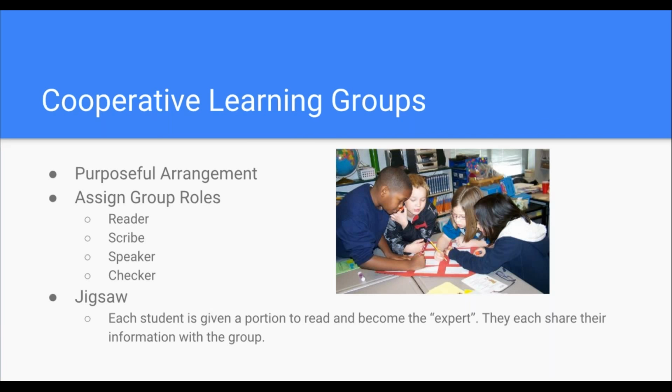And you want the reader to model what a reading should be sounding like, especially from their age level. And then a scribe, so the person in charge of writing, the speaker, and then you could have someone that checks the work. So again, knowing your students and their background is helpful with that.